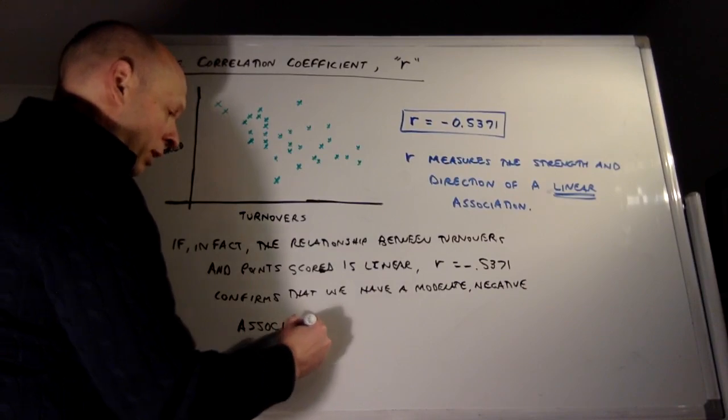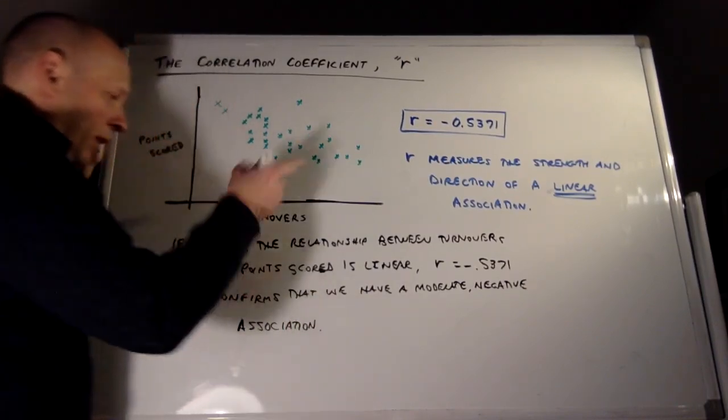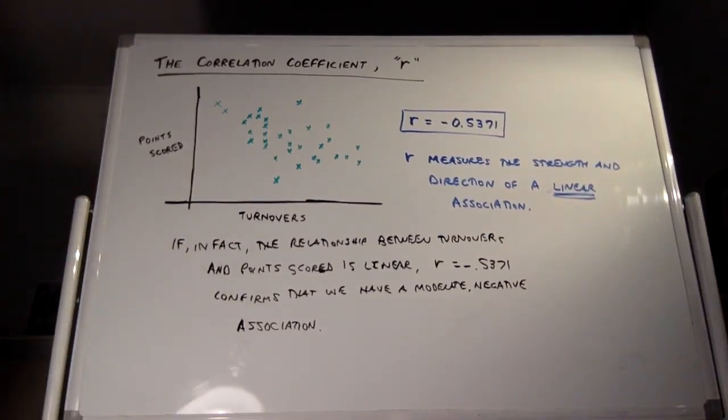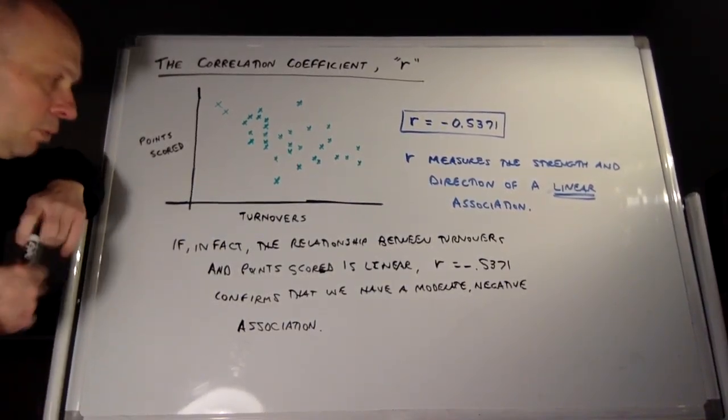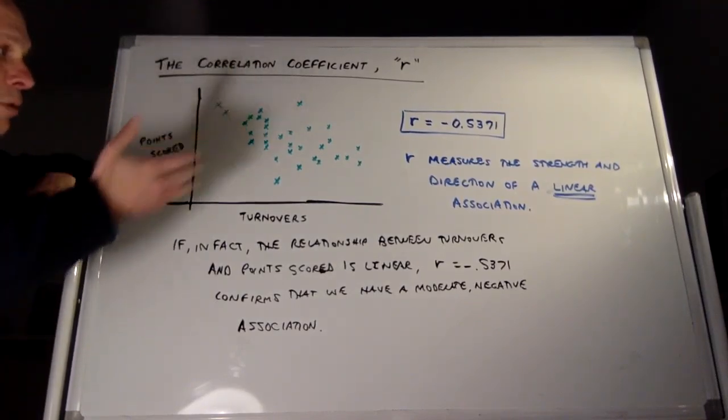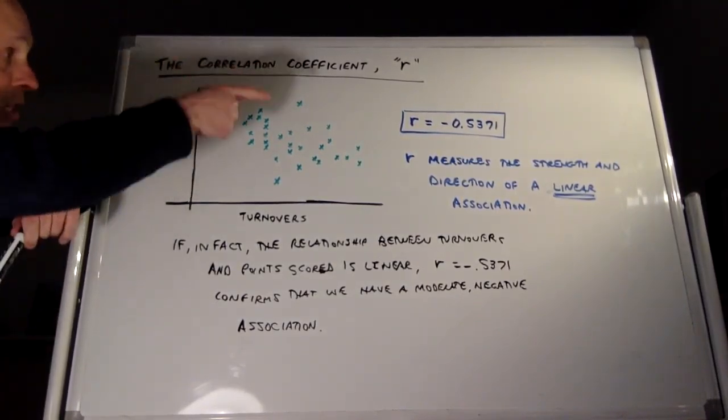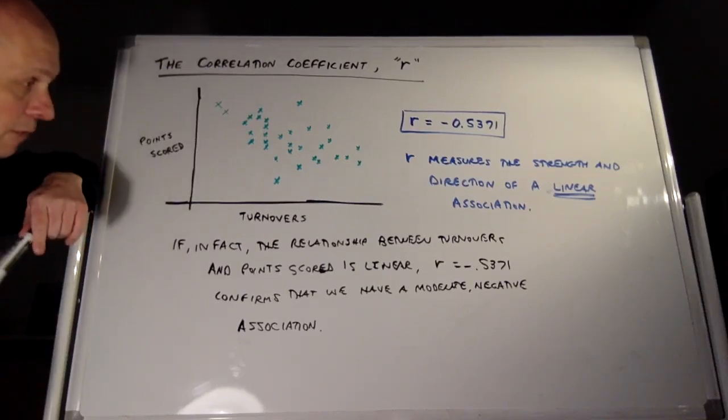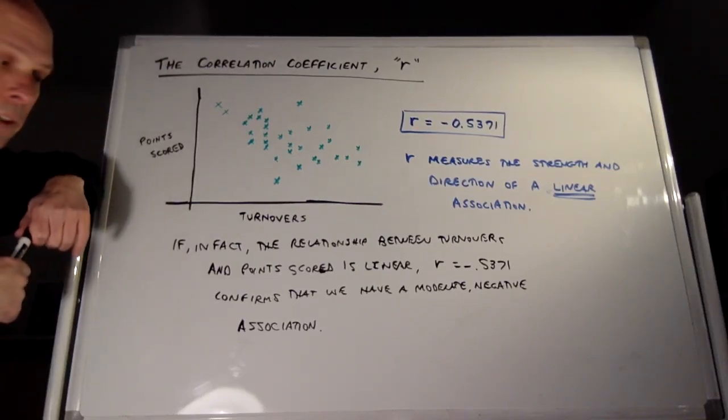You could write between turnovers and points scored, but I think we said that already earlier in the sentence. So if the relationship is linear, this R equals -0.5371, this correlation coefficient, confirms that we have a moderate negative association.